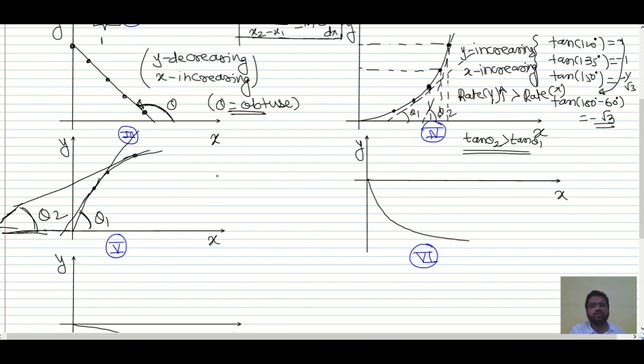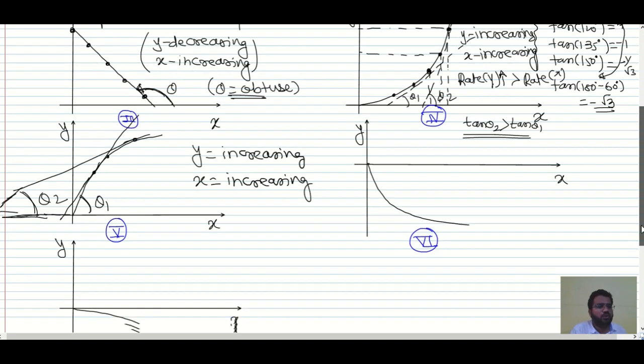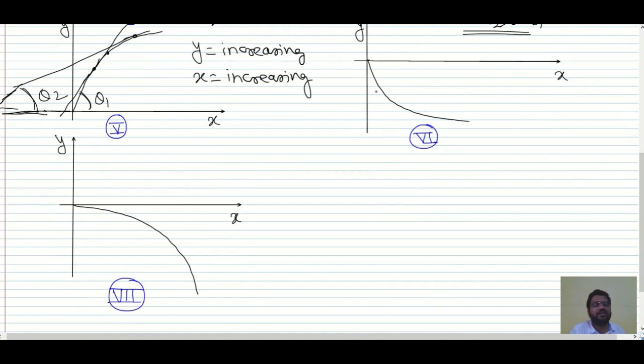So the rate of y is decreasing, though y is increasing only, and x is also increasing, but the rate of x increase is greater than the rate of y increase. Over here also, these both are very important.